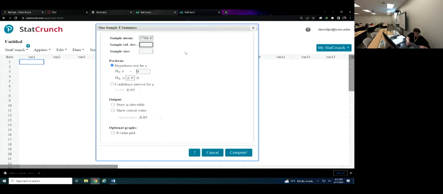Sample standard deviation was 999.05. They asked 45 people. And my hypothesis test value here was 5710. And we went for not equal. Always check this, make sure you check it.